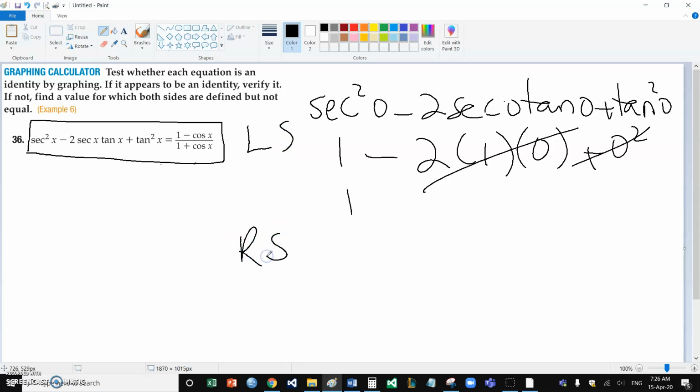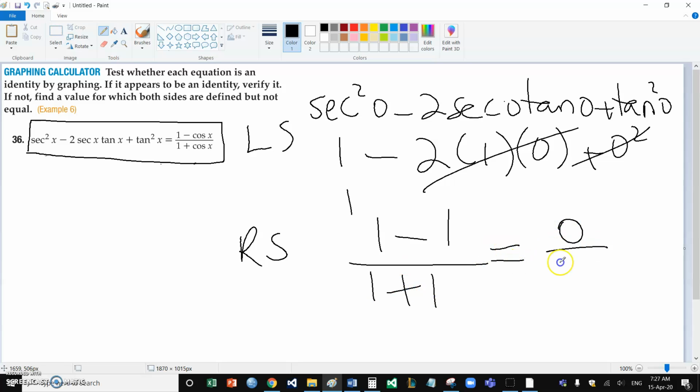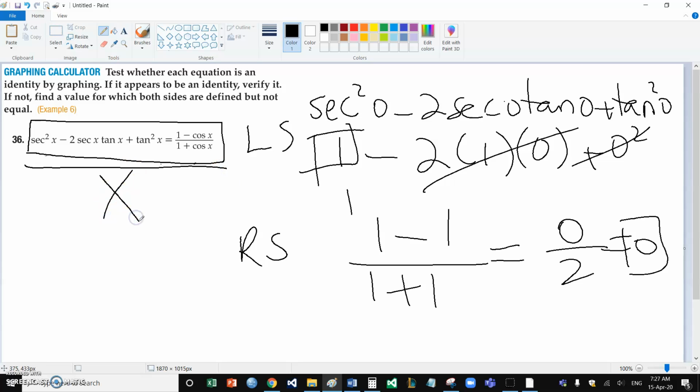The right side: cosine 0 is 1, so it's 1 minus 1 over 1 plus 1, equals 0 over 2, equals 0. So the left side was 1, the right side was 0, and that proves that this is not an identity. We verified that by graphing and then by selecting a value for which both sides are not the same.